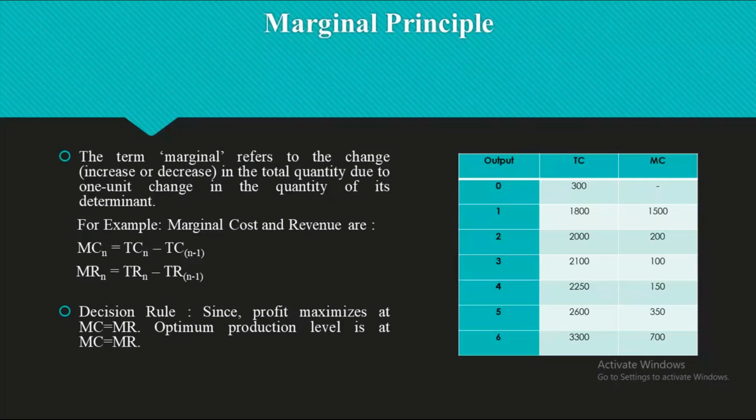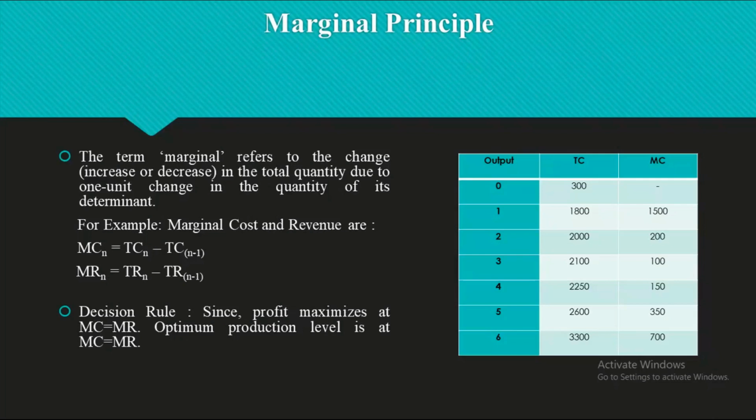But the moment you produce 2 units of a product, your marginal cost becomes 200. So anyone would want to go to level 2 instead of simply producing 1 unit of output. Why? Because you are producing 1 unit and your total cost is so much, it is not spread.